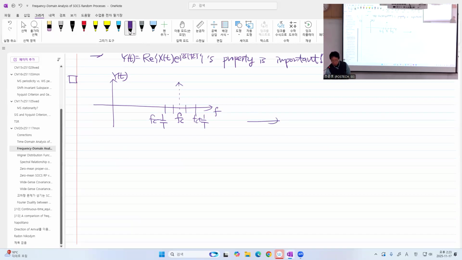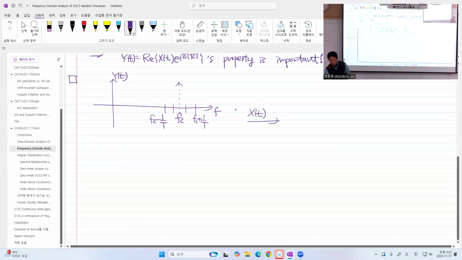So if we have x of t, then we have the linear branch, linear section, and conjugate linear section.